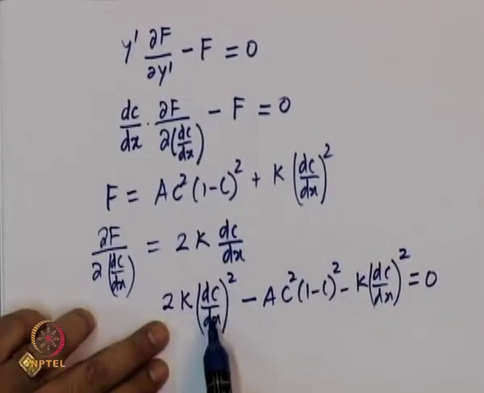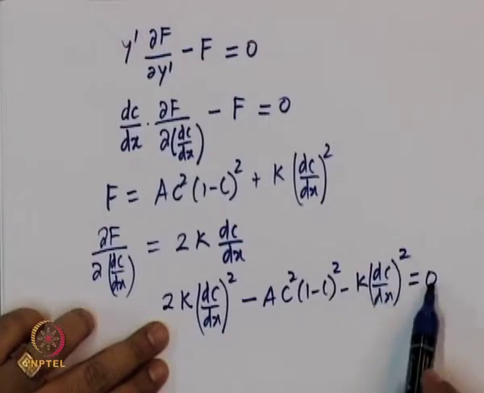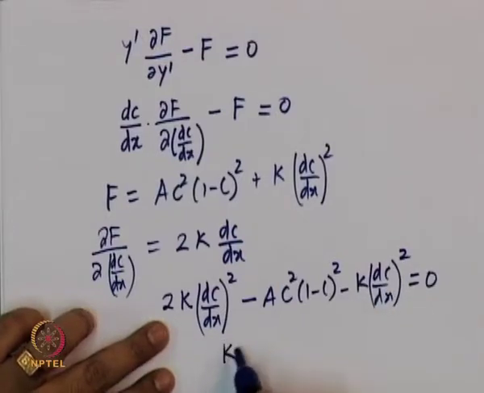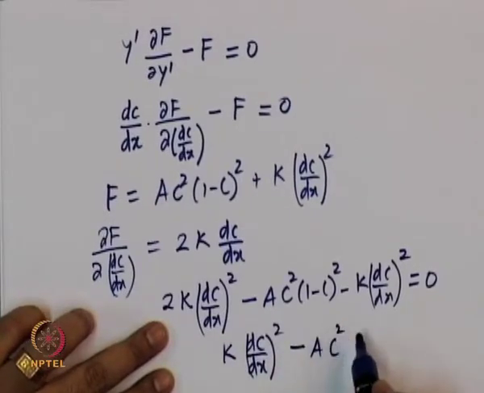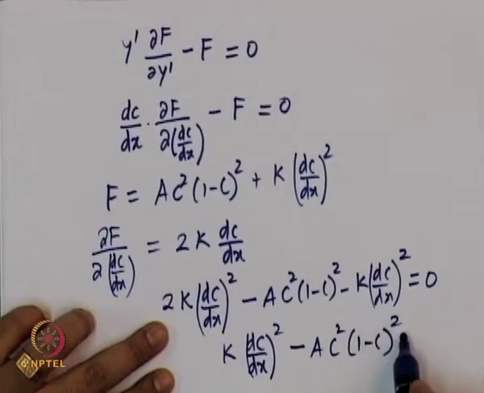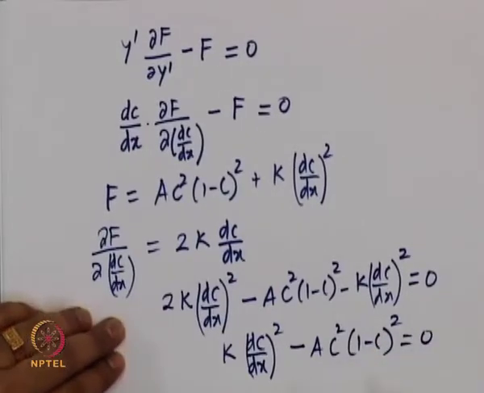So, 2 kappa (dc/dx) whole squared minus kappa (dc/dx) whole squared is nothing but kappa (dc/dx) whole squared minus a c squared into (1 minus c) whole squared equal to 0. So we get this expression.